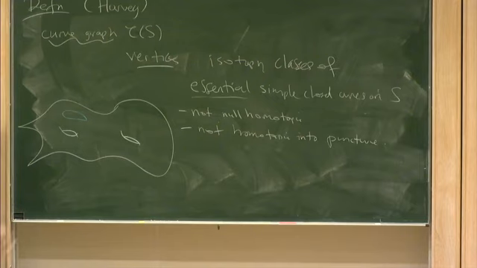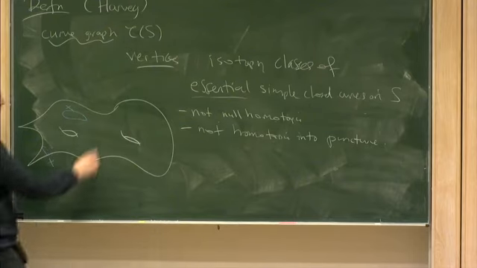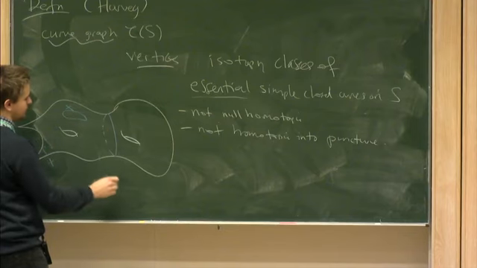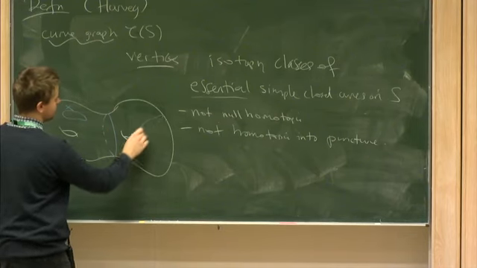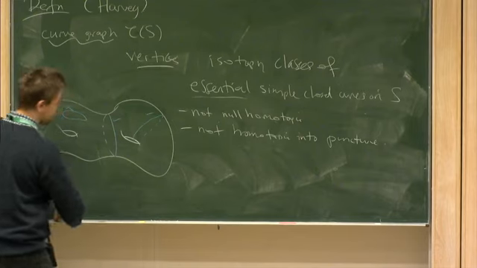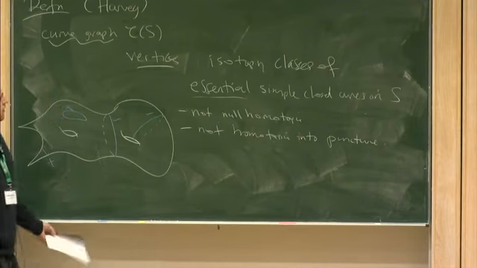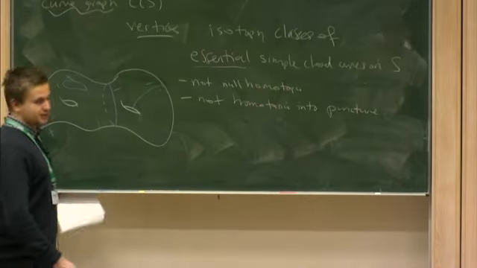Well, this curve is null homotopic, so that's not going to be good. That's not a vertex. This one is not a vertex either. But something which is non-trivial is going to be a vertex. What about the edges?